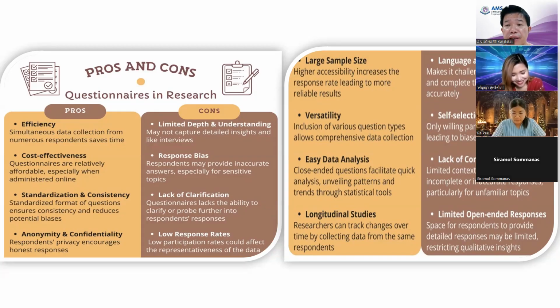And the fifth is the language and literacy barrier. It makes some people very easy to make mistakes, because some people read quickly and they understand or complete the question inaccurately, and they make self-bias in responding, because we don't care if we are the respondent.